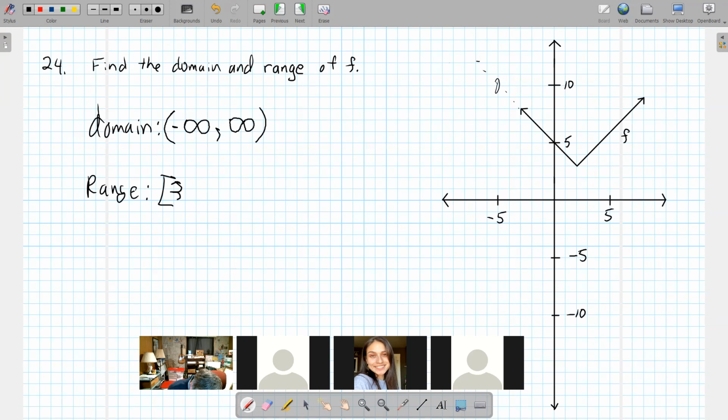Where did you find that answer? I'm lost. Right there. What's the lowest y value on the graph? 3. And where does the infinity sign come from?